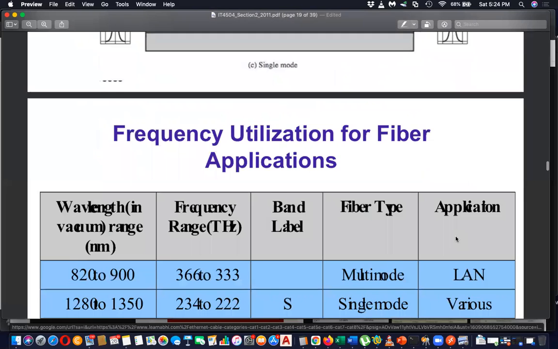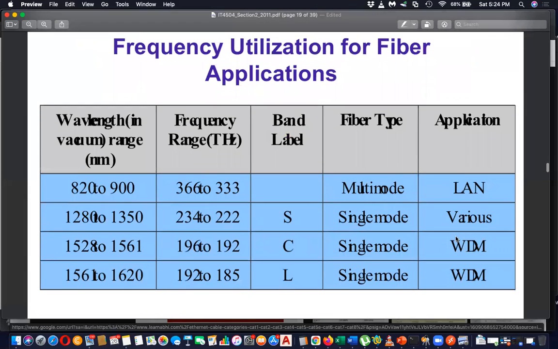Okay. And so this is how wavelength and the frequency range, and so this is why I said there are SX, LX, FX. SX, LX. So based on S and L are single mode, and there's one multi-mode fiber also.